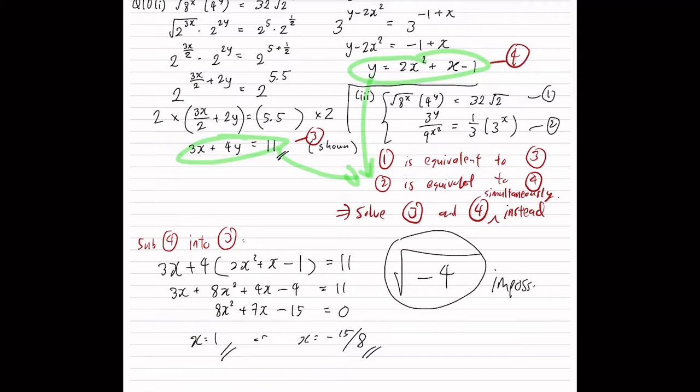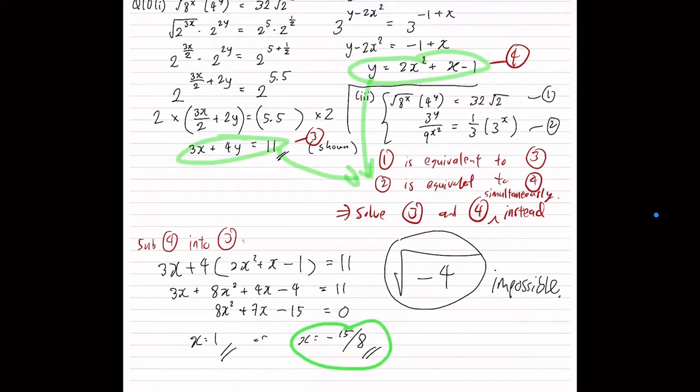Not at your level. You do not need to know how to solve this. If you encounter this, then it means you need to reject one of the answers. But in this case, we are safe. The only case we have a square root is square root 8 power x. Square root 8 power negative 15 over 8. I believe you can still calculate this. I'm not going to try and calculate this.